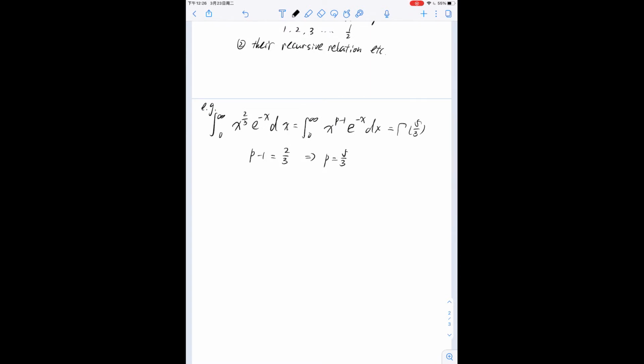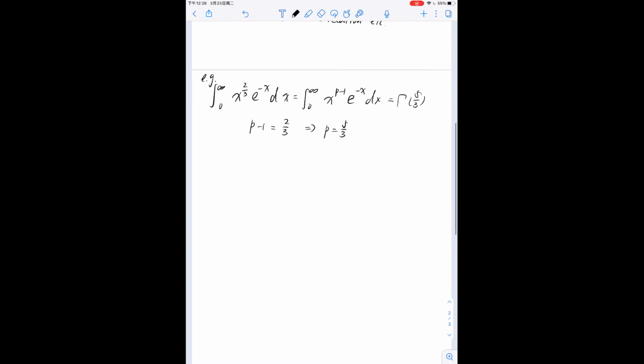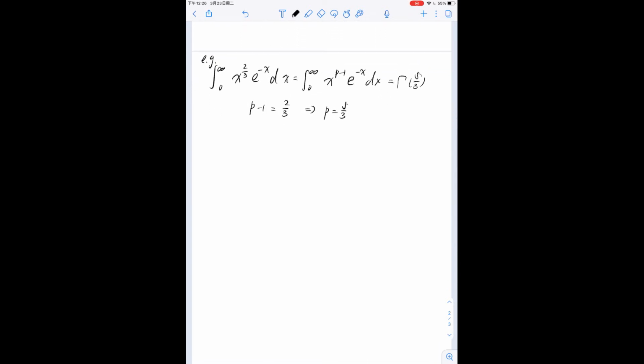And this is all about the gamma function.